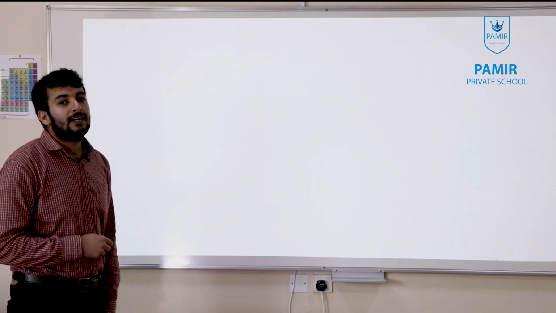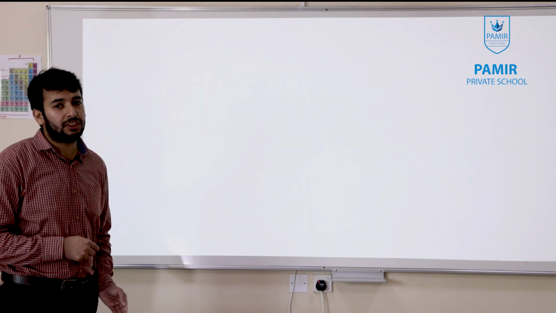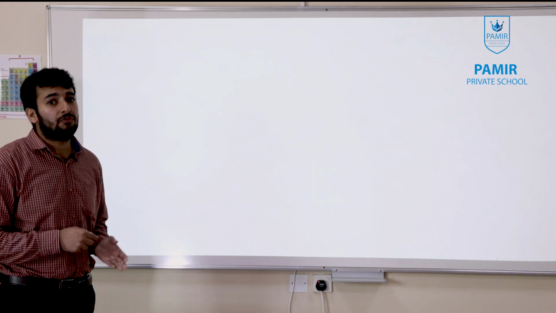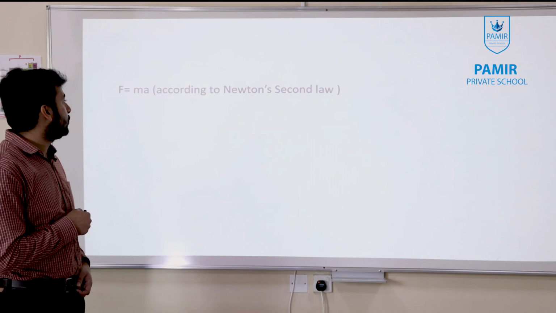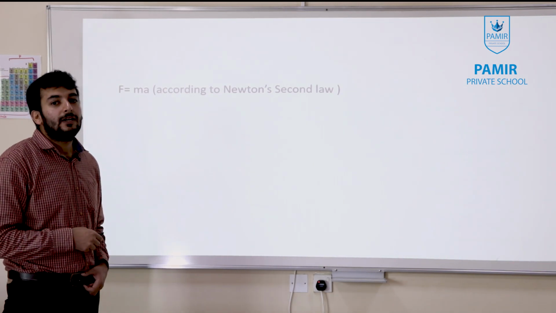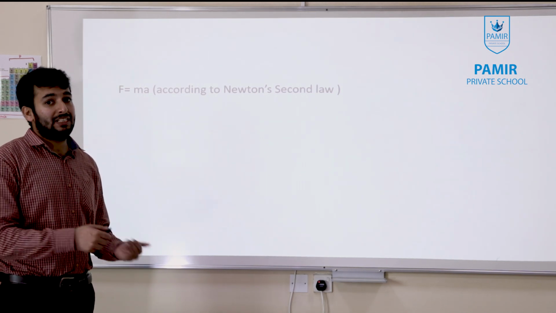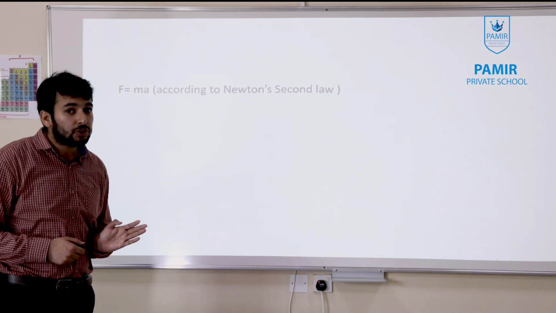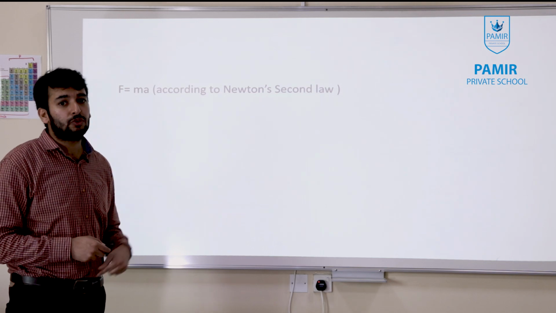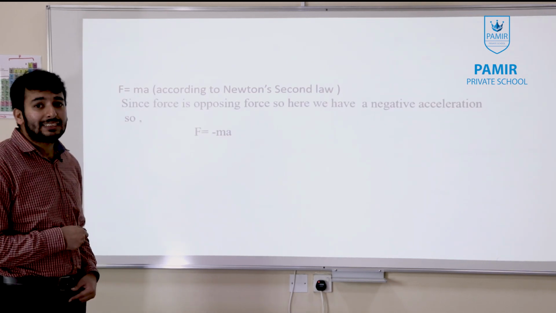The third thing, we are talking about the opposing force, so there must be some force here. According to Newton's second law of motion, we know that F is equal to ma. As it is an opposing force, it must be in the opposite direction of the motion of the body, so we take it as minus ma.